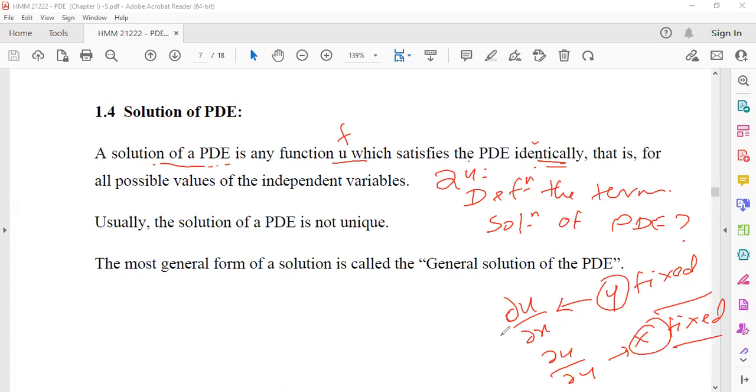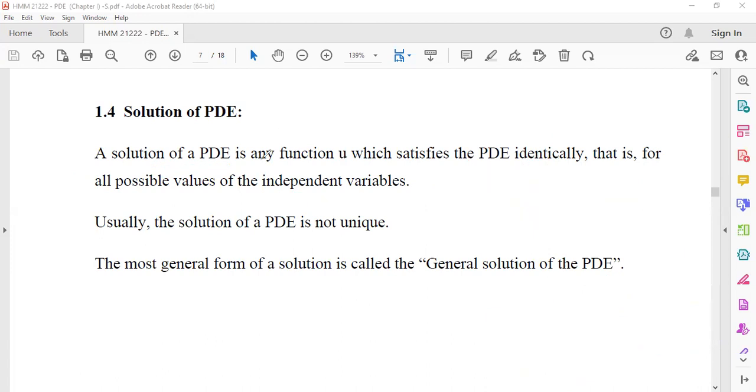So it should satisfy both at the same time. That is what we call identically: for all possible values of the independent variables. You can write in your own words. If this question comes, this will be the answer.